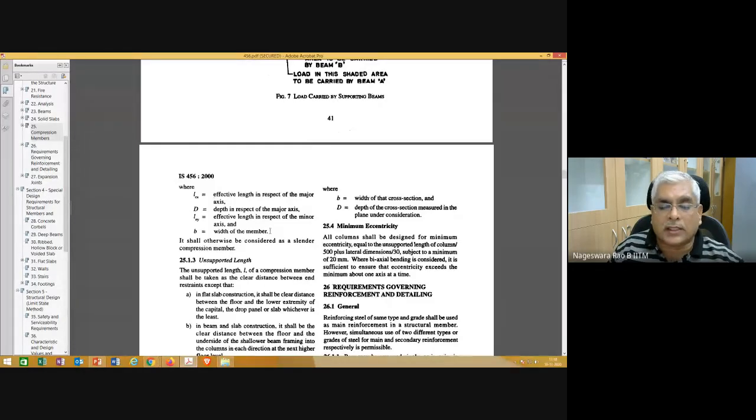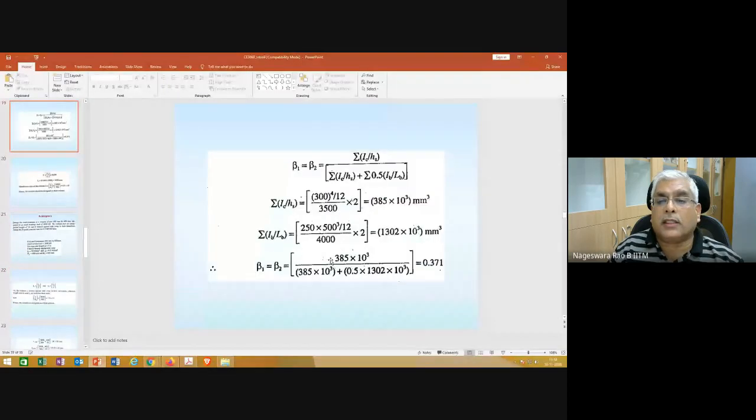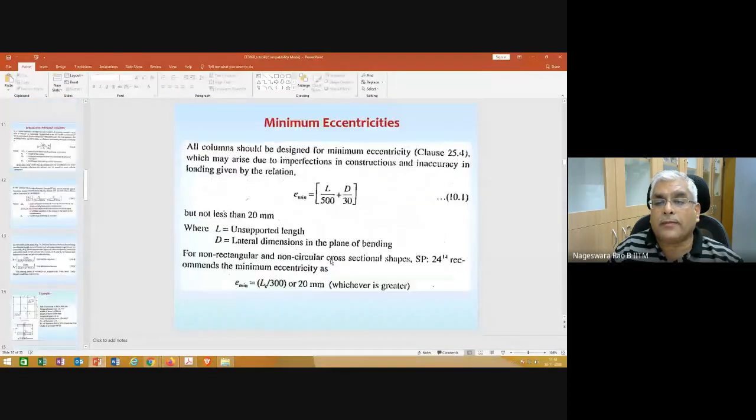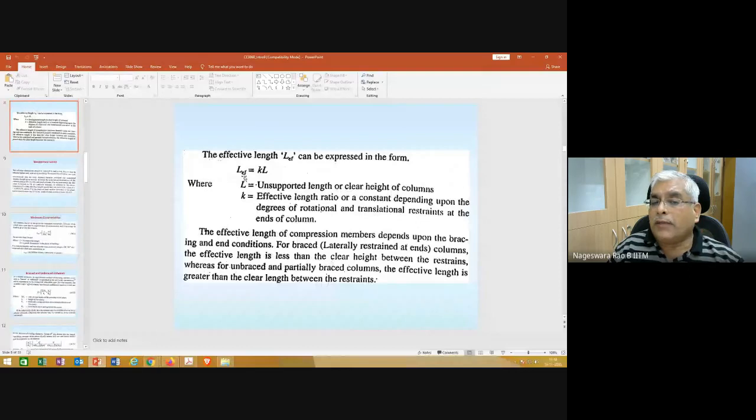Effective length is given by some factor multiplied by unsupported length. So what is this factor K? That depends on the end conditions of the column.